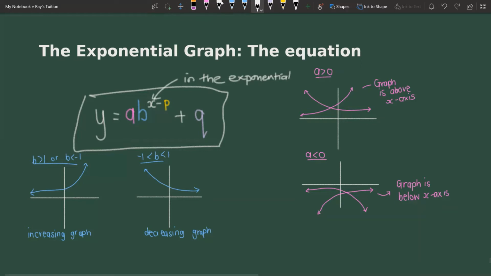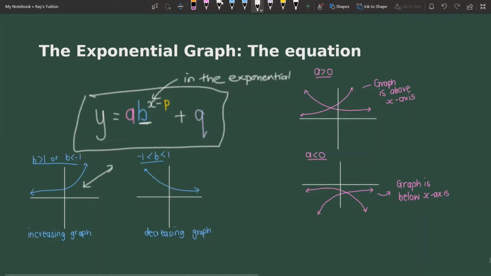The other part that we will have a look at is b. b is the base of the exponent. So depending on what the base of the exponent is, we can determine whether we have an increasing graph or a decreasing graph. So an increasing graph overall has a positive gradient. So you see the general shape of this graph is in the positive direction.